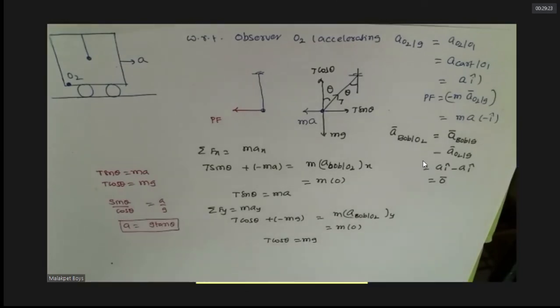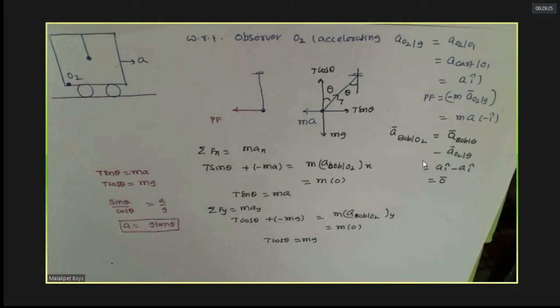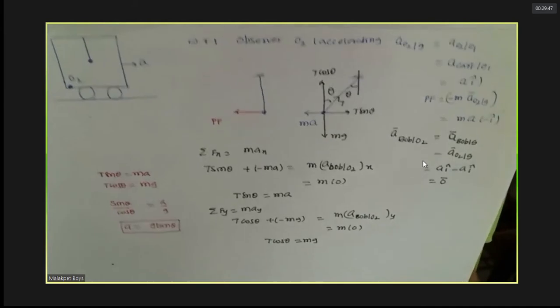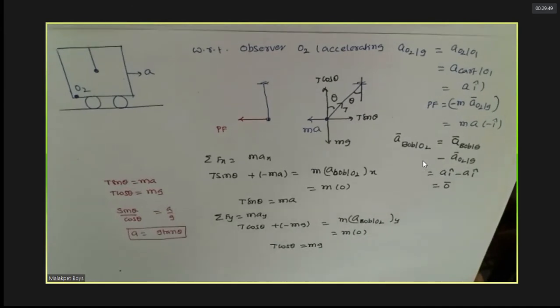So that means a problem can be solved by considering pseudo forces, which is in the accelerating frame, or without pseudo forces. It all depends upon the situation, how you manage. It's not necessary to use pseudo force always, but sometimes it will be easier for you.